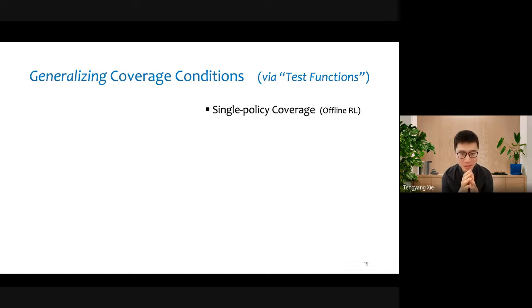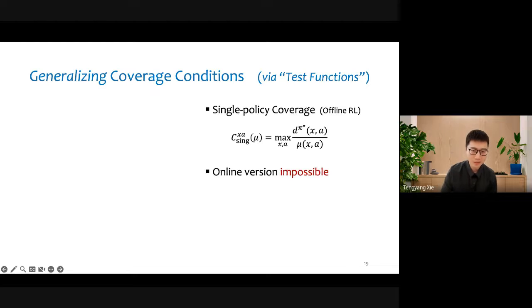So let's start with an easy case, single policy coverage in offline reinforcement learning. That is a much weaker assumption than the uniform coverage, where we only want to cover the density of pi star rather than all policies. However, its online version is actually trivially impossible.